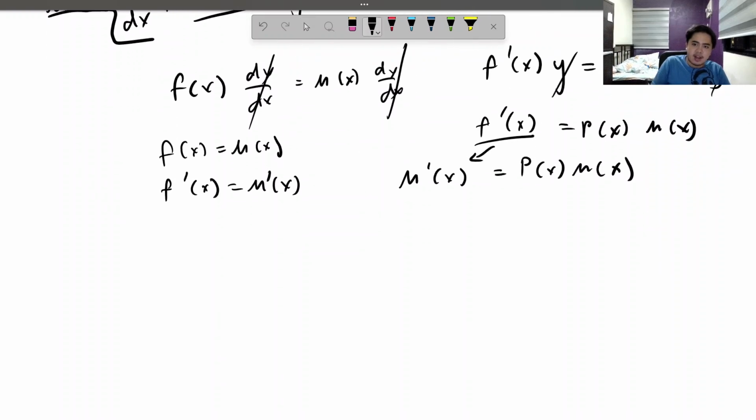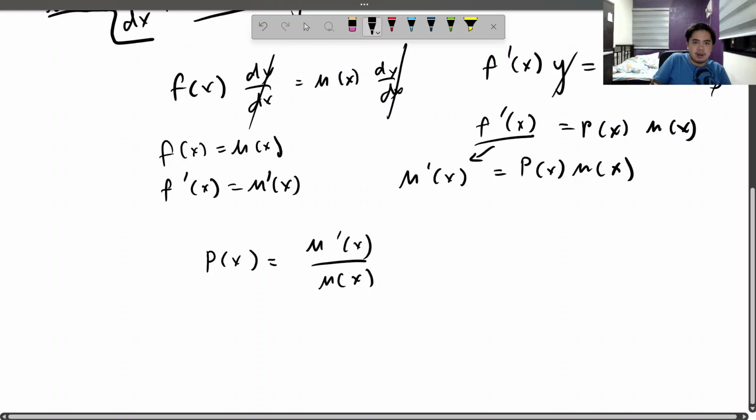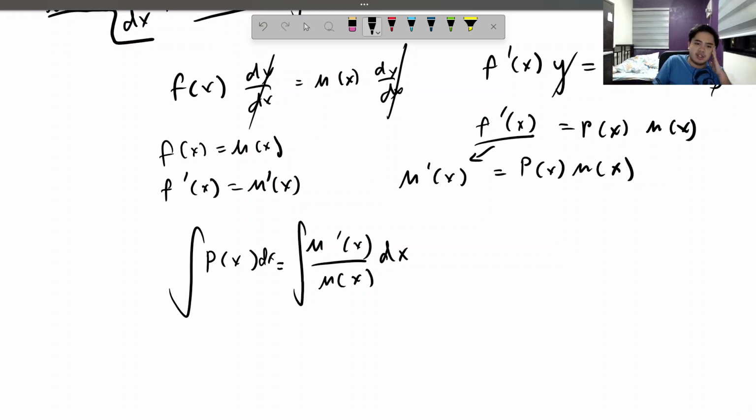Now let's try isolating p of x here. So we get p of x equals mu prime of x over mu of x. Here's the crazy part. Let's integrate both sides with respect to x. Now what happens? This remains as the integral of p of x. p of x can be any function, so we don't know the integral of that.